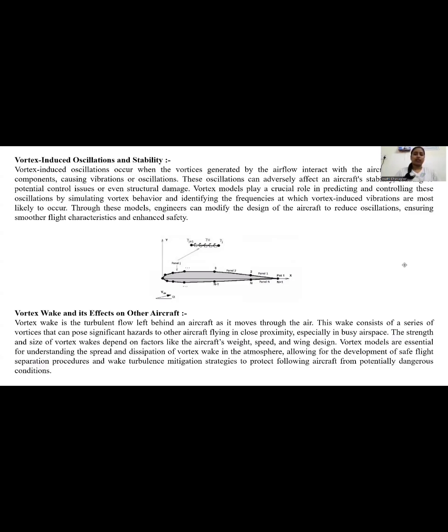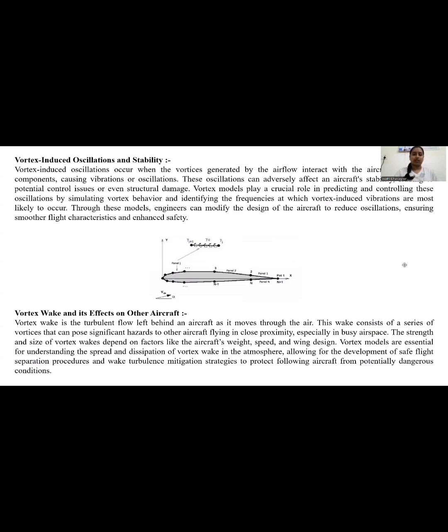Vortex wake and its effect on other aircraft. Vortex wake is the turbulent flow left behind the aircraft. As it moves through the air, the wake consists of a series of vortices. Vorticity means the rotation over 360 degrees. This can pose significant hazards to other aircraft flying in close proximity, especially in busy airspace.